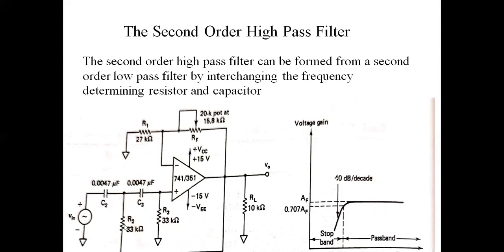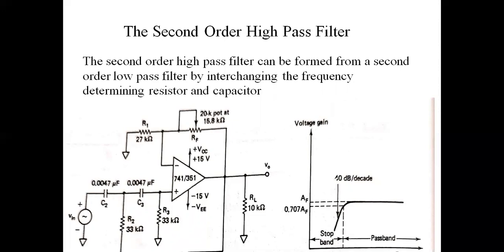Where we had connected a resistor in the second order low pass filter, we now connect a capacitor, and vice versa. We can also calculate the cutoff frequency using the R2C2 and R3C3 values.